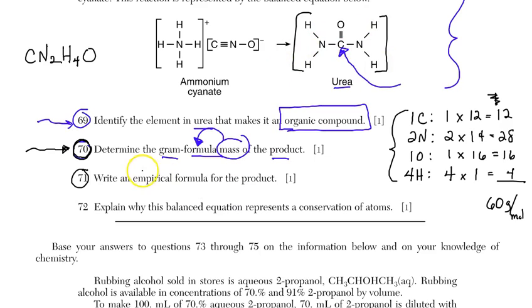The empirical formula you should recognize as the lowest ratio. Well, we can't reduce C1 into anything lower than a whole number ratio because it's one atom. So this actually is its molecular formula, how it exists in nature, and it's also its empirical formula. So it's kind of a trick question people got messed up on, but this is already its lowest ratio.